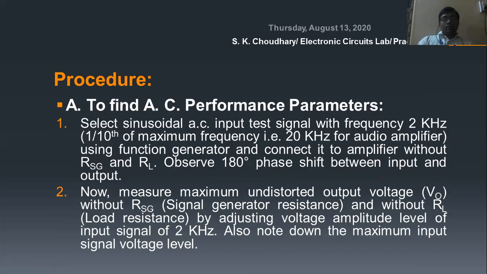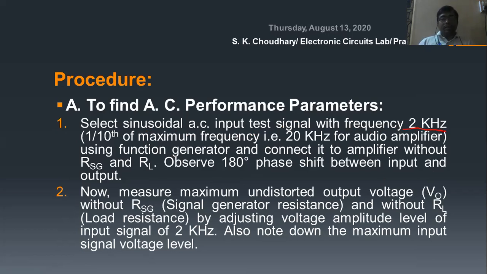Now we see the procedure for how to perform this practical. To find the AC performance parameters, we first define the sinusoidal AC input test signal. The frequency we take here is 2 kilohertz, that is 1/10 of the maximum frequency of the audio amplifier. The maximum frequency of the audio amplifier is 20 kilohertz.